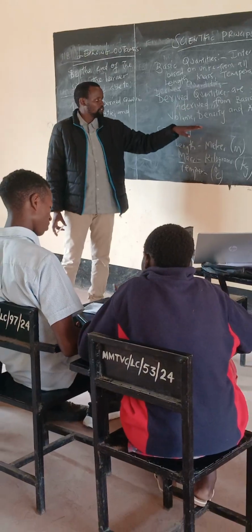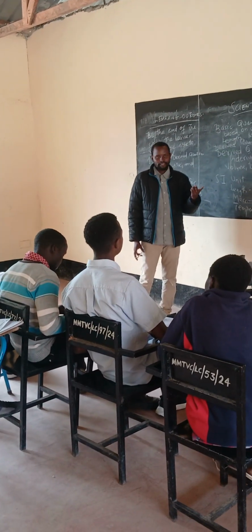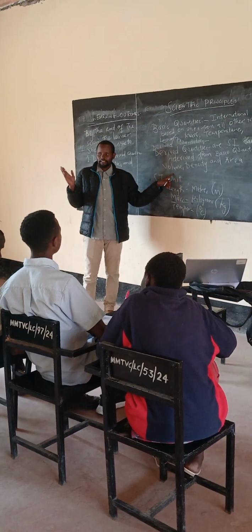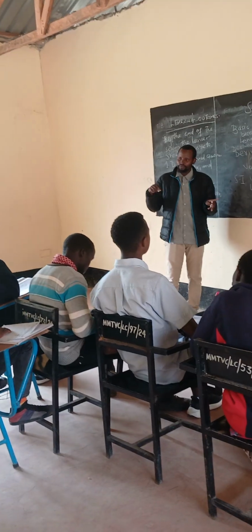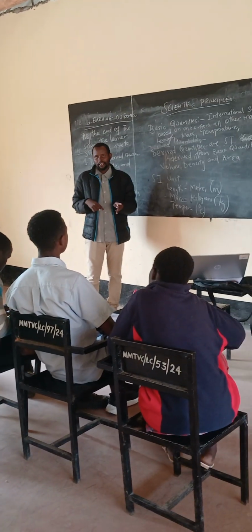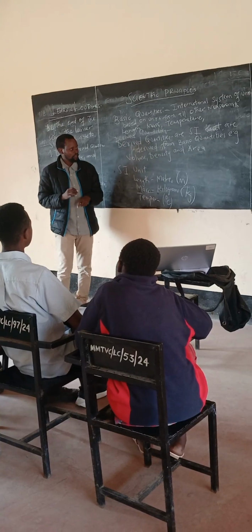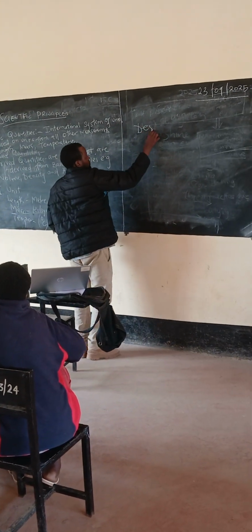From basic quantities. So you cannot get volume directly. You must multiply measurements, because you know the volume in mathematics is length times width times height. That is the volume of a cuboid, right? But the volume of a cylinder is given by what?